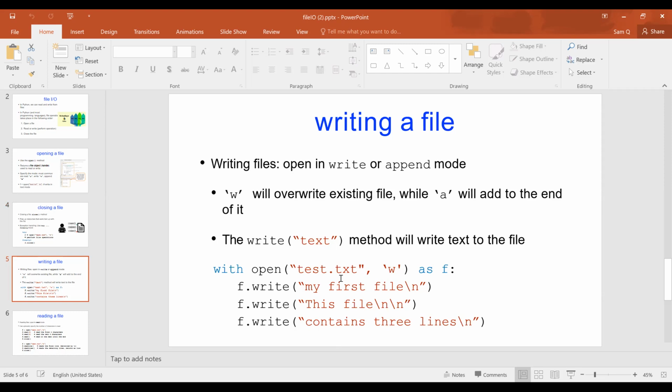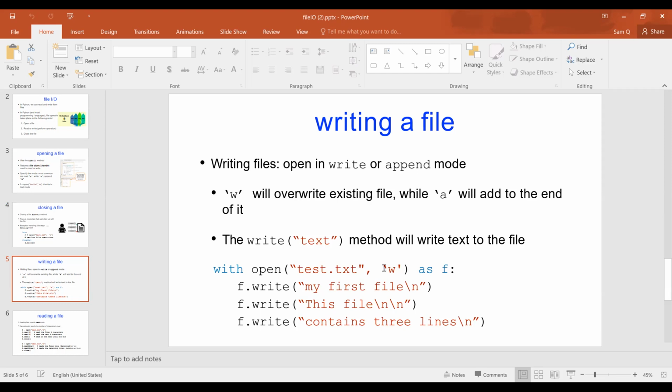You can see we do not have close here, because when you use with open as f, it will implicitly handle the file close for you. So this is a more simplified way to avoid accidental exceptions.